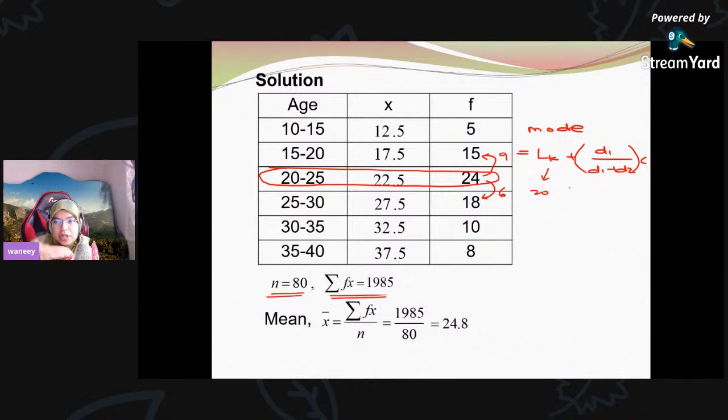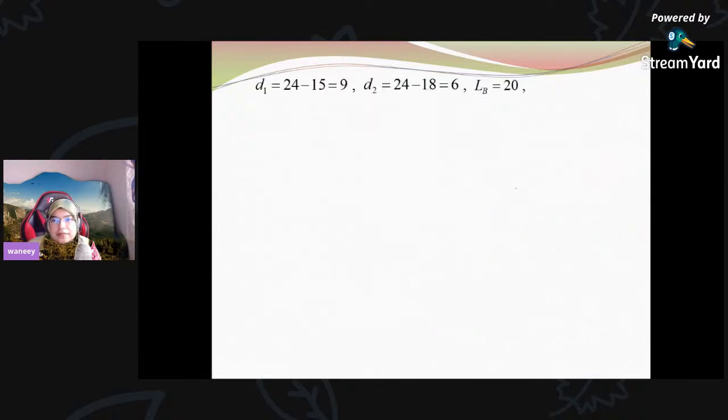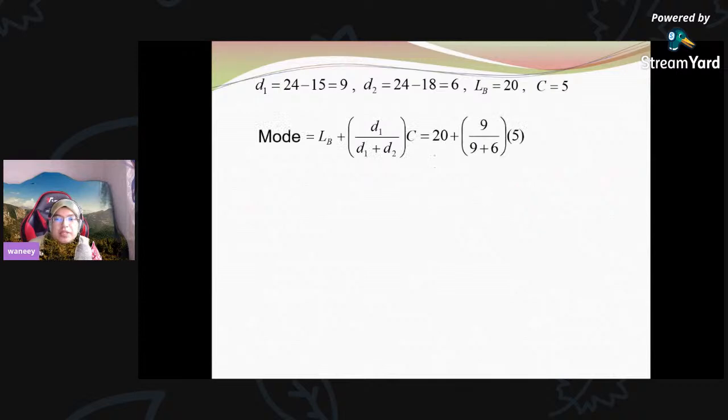We're going to substitute everything and see the value. So 20 plus 9 over 9 plus 6, multiplied by 5. So your mode is 23.